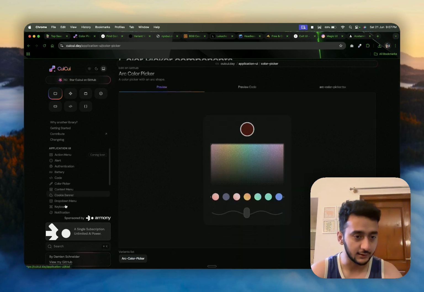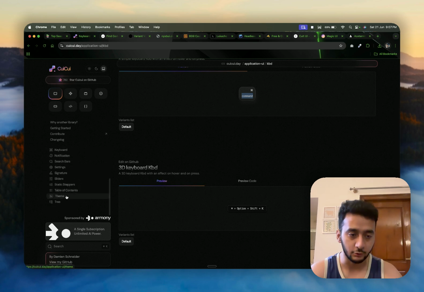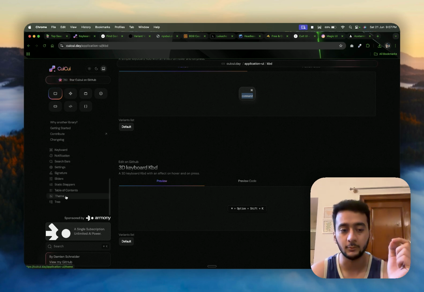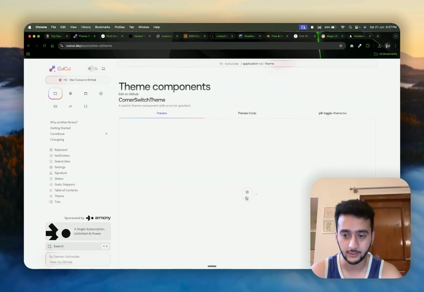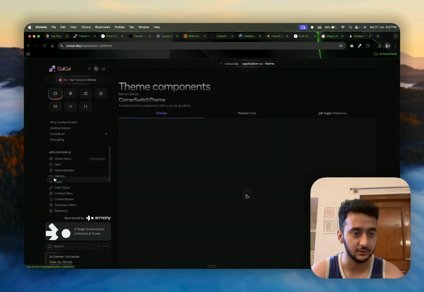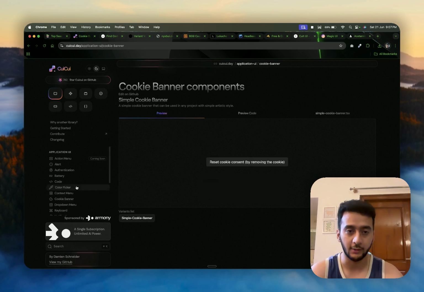I really like the keyboard one because it is very aesthetic, and you have a micro animation when you press on it as well. These are micro components with a very premium looking UI, and I love this about them. They have these animations as well. A lot of components are in the release phase, but I think they are banger component libraries to add some really high looking UIs.